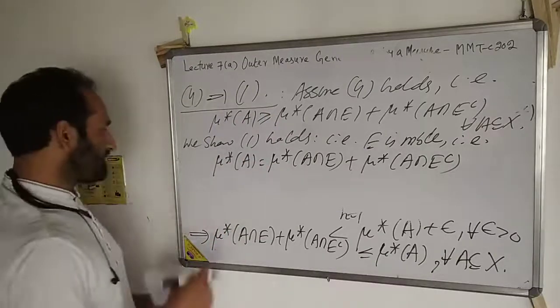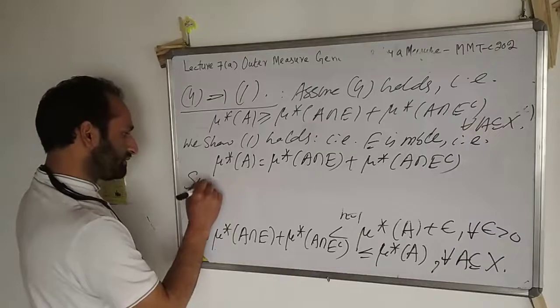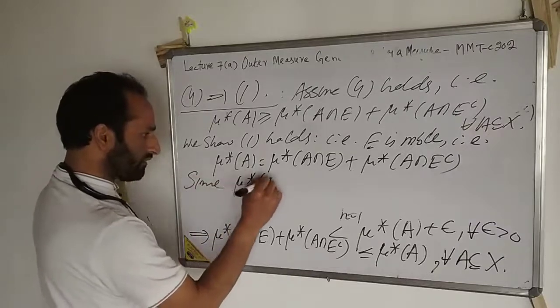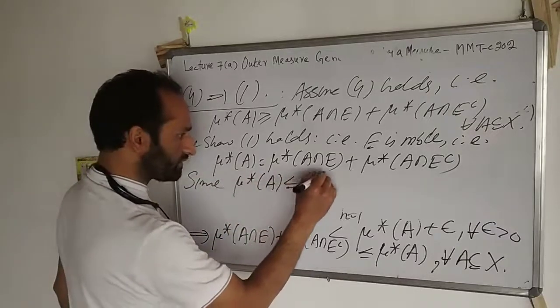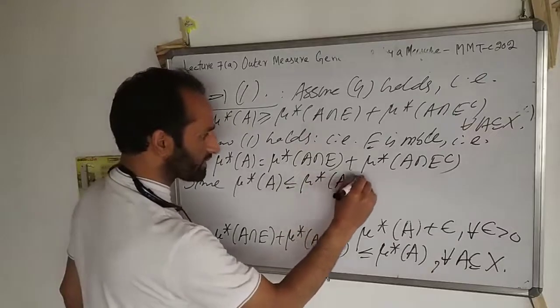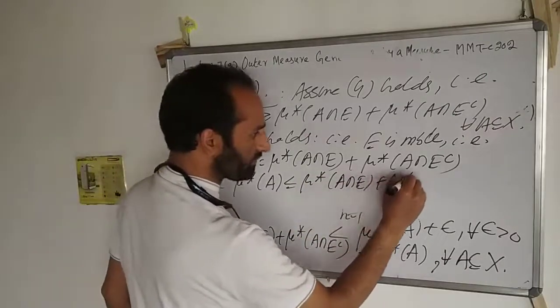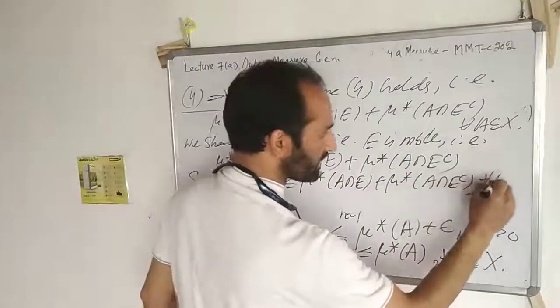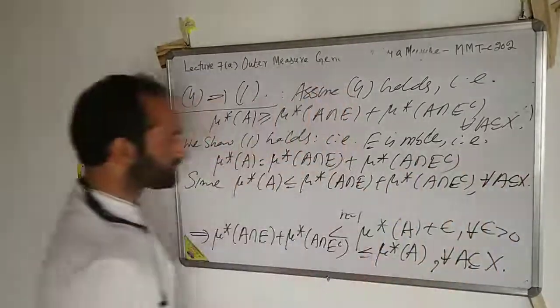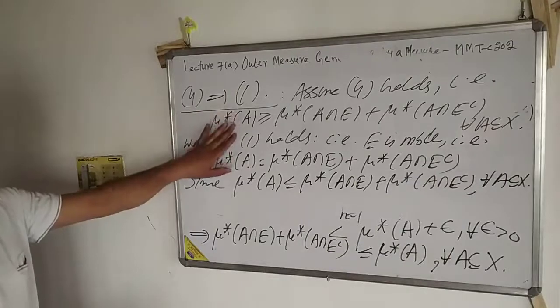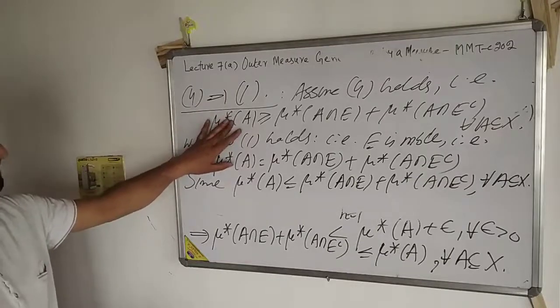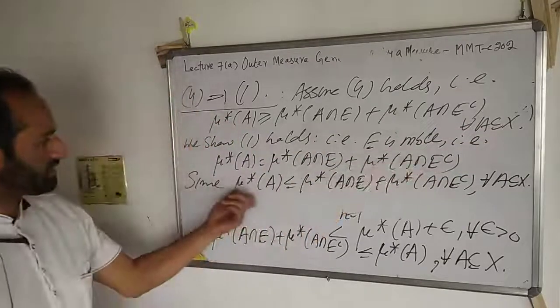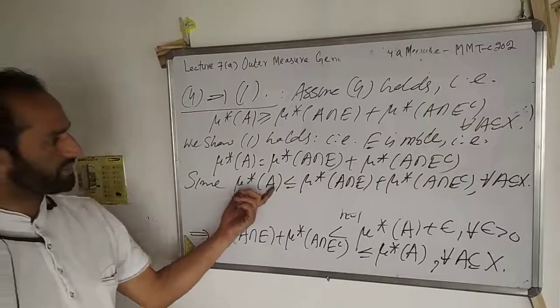Since μ*(A) is always less than or equal to μ*(A ∩ E) + μ*(A ∩ E^c) for every subset A of X, this is always true. Fourth is given. It's true for each subset A of X, and this is already known. μ*(A) is always less than or equal to this.